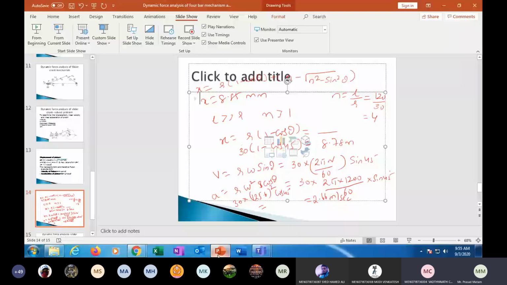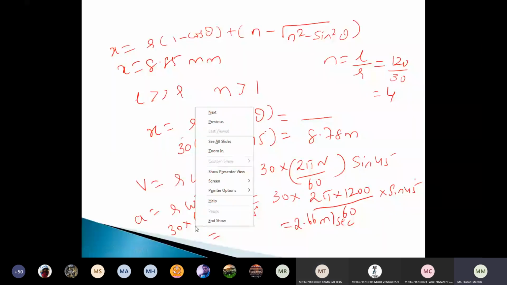No, I think it is 334.6 meter per second square. I am getting it. Is anyone getting around 300 meter per second square? Sir, 334. Yes, sir, 334.965. Right. It is 334.6 meter per second square. Okay.